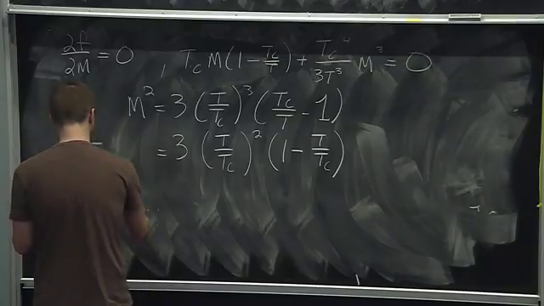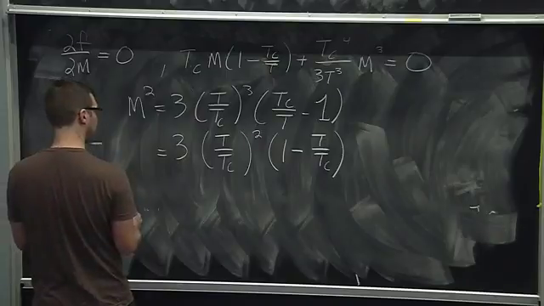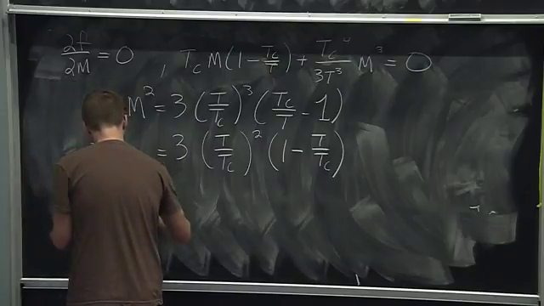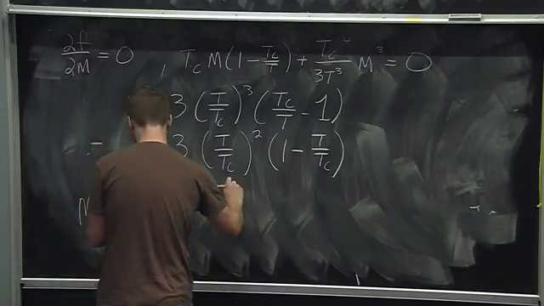It has two solutions, with the square root of T over Tc.